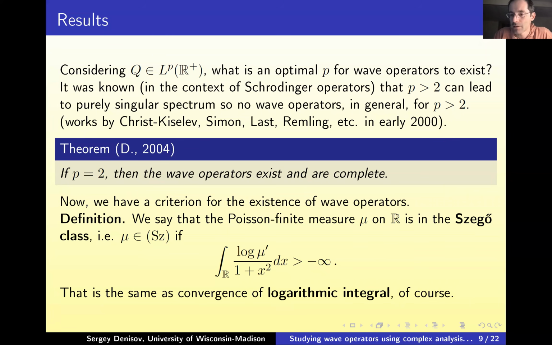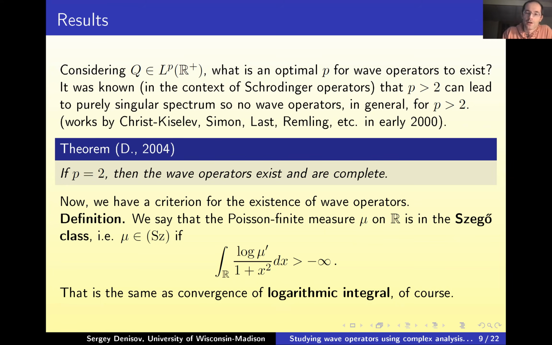That's a Poisson finite measure. Then I say that this measure is in the Sergey class if its logarithmic integral is finite. So you take the log of the density of that measure. Here I assume that this density is non-trivial, right? Almost everywhere it's positive, otherwise the logarithm will blow up to negative infinity. You take this logarithm of the density and again integrate with the Poisson kernel, and you should get some number which is not equal to minus infinity.